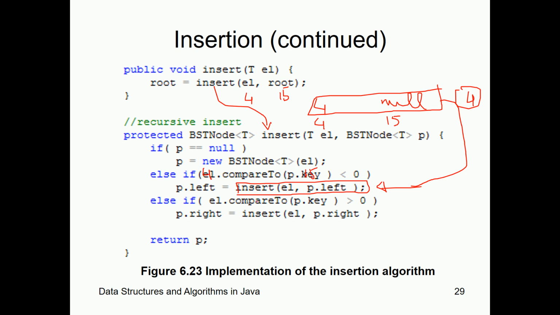So I made 3 calls to the insert. The first return for P left. The second return will return this. Now this P is going to be returned and stored in the root, because the first one includes the 15. So we're always returning. That's how we get out.